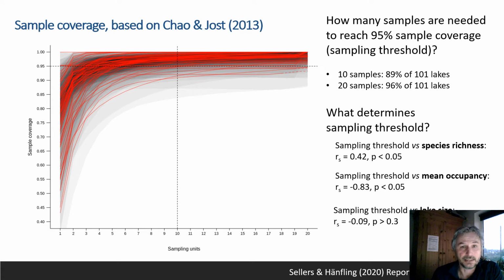However, we did find a positive correlation with total species richness and a strong negative correlation with mean occupancy, which is a measure of, I guess, average fish density. So the highest effort is required in lakes which show a high species diversity but low fish density.